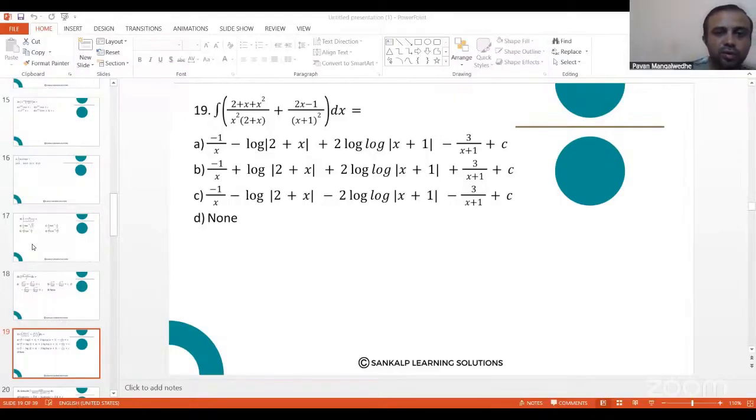Integration of 2x plus x, 2 plus x square by x square, plus into bracket 2 plus x plus 2x minus 1 by x plus 1 the whole square, the whole dx. What will be the answer for this?